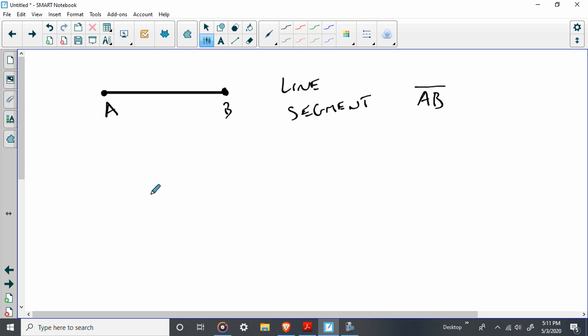This is a one-dimensional figure, meaning it measures one direction. You can call it length. We could call it width. We could call it height. There's other words like breadth, I think that's how you spell it.